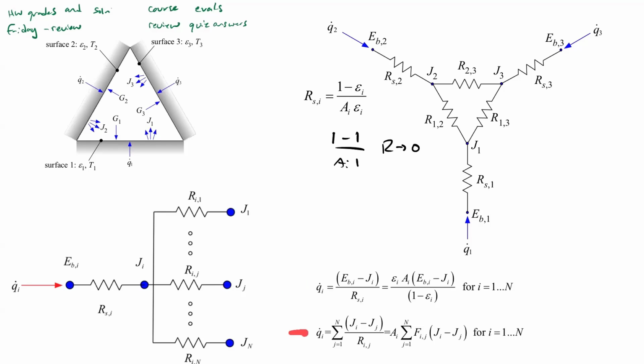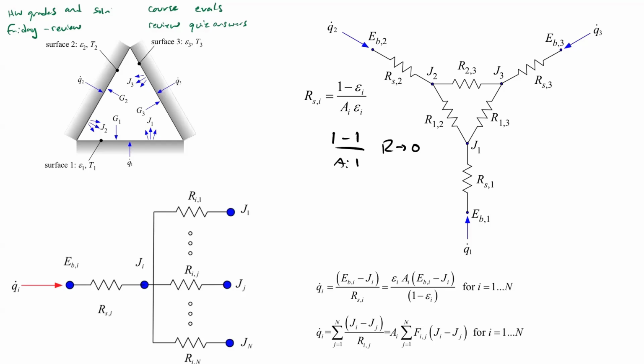And then we have to do an energy balance on each radiosity node. And now instead of E_Bs in here, this is Js instead of E_Bs. So that's the only difference from the black body approach. And then in addition to this, we need n more boundary conditions. We still have to specify, do we know the temperature? Do we know the heat transfer rate or whatever? We still have to specify n things about the surfaces.